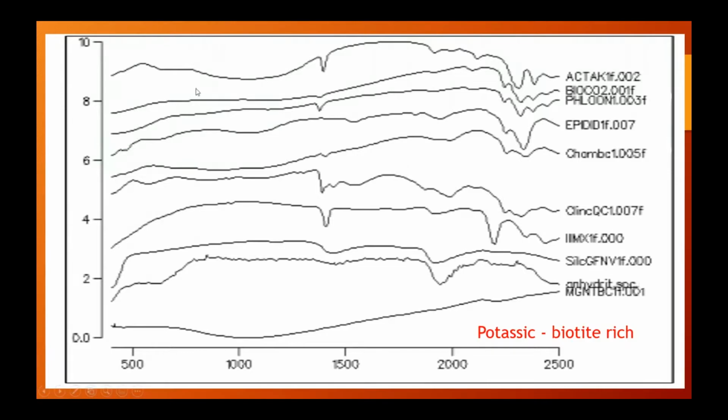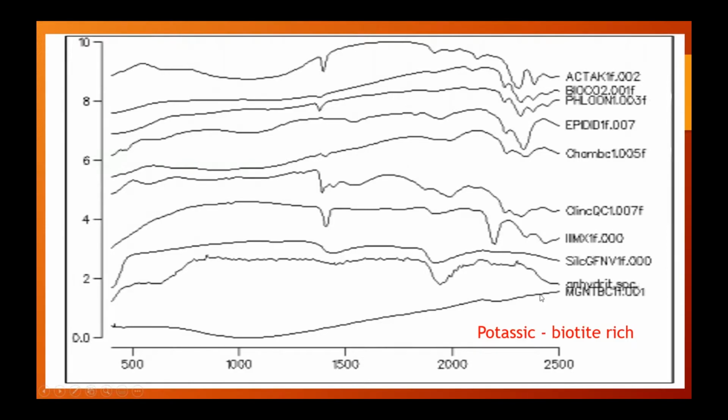So if we're looking at this alteration type here, we're looking at actinolite, biotite, phlogopite, epidote, iron chlorite, magnesium chlorite, muscovite, quartz, anhydrite, and magnetite.